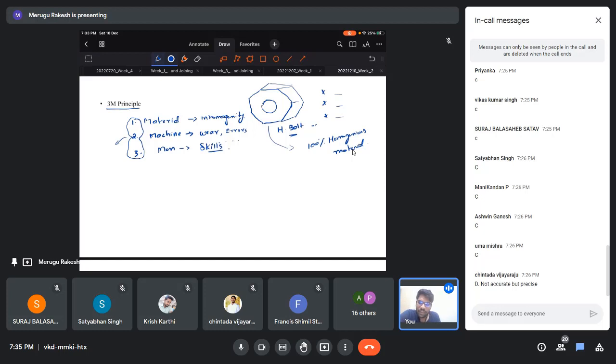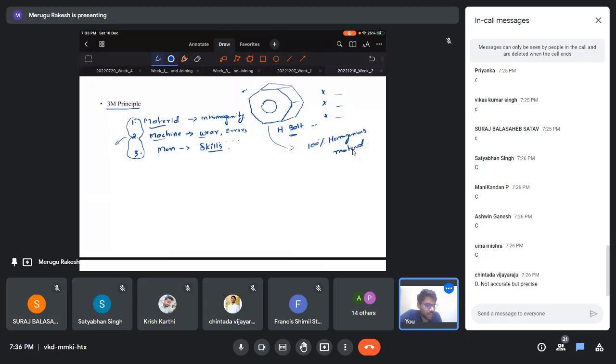So these are the three important factors that influence the production of any product and directly change its exactness. For material, I said inhomogeneity: if you produce one product and go to the next, the material might change. For the machine, you have to use gears, which will wear out, of course, and there will be some errors and breakdowns. These errors change the product capabilities, and that is why you cannot produce exactly the same product twice.